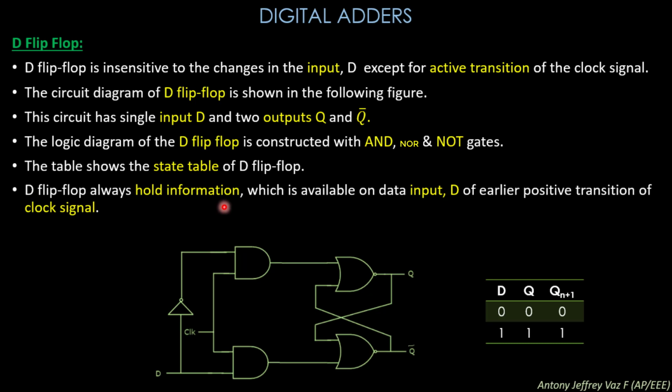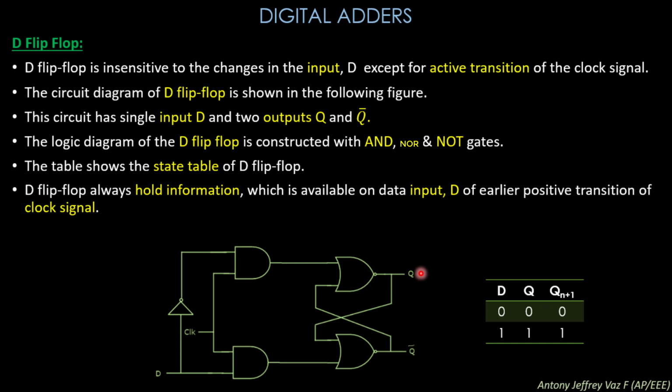D flip-flops always hold the information which was available on the data input D at the earlier positive transition of the clock signal. So this can also be used as a delay for other sequential circuits. If you want to add a delay between two sequential circuits, the clock signal is properly designed so that only on the next positive transition of the clock signal, the Q value is going to be changed.